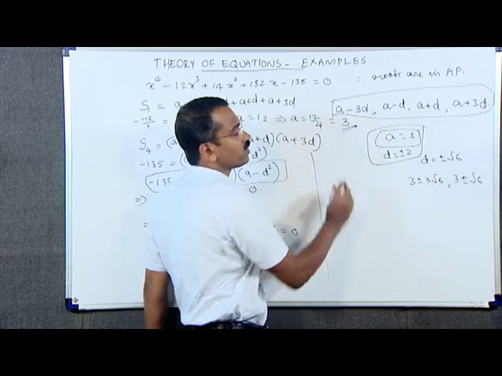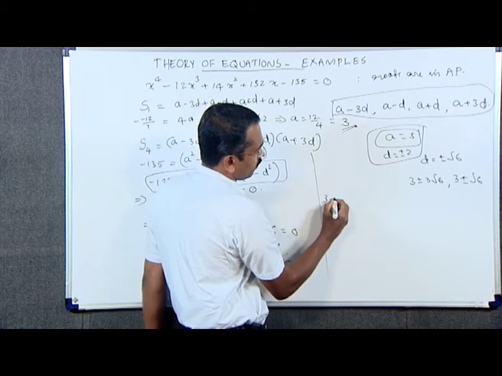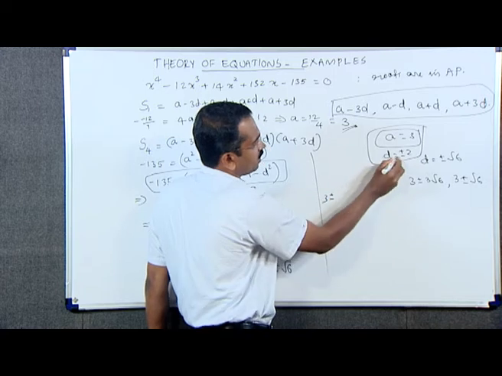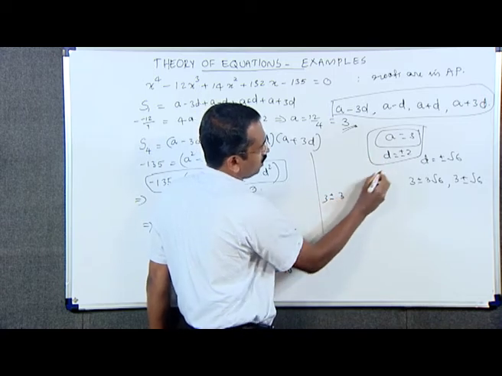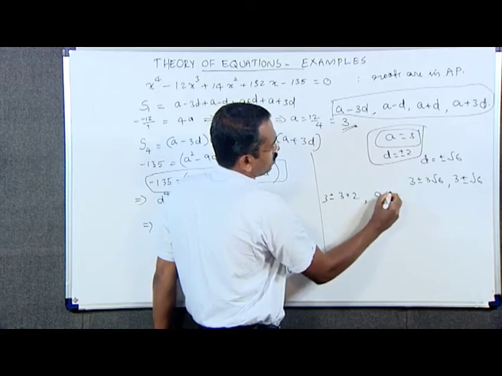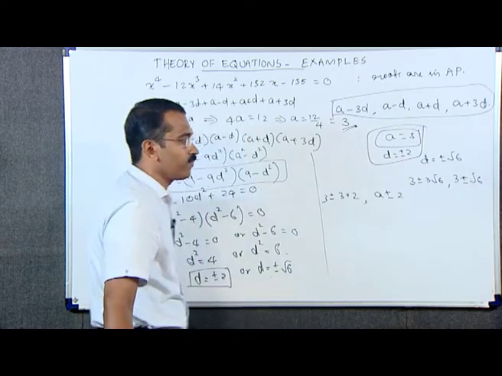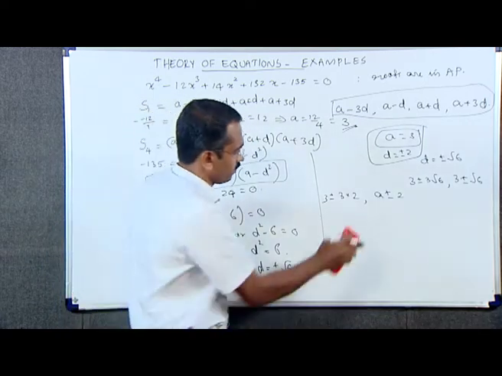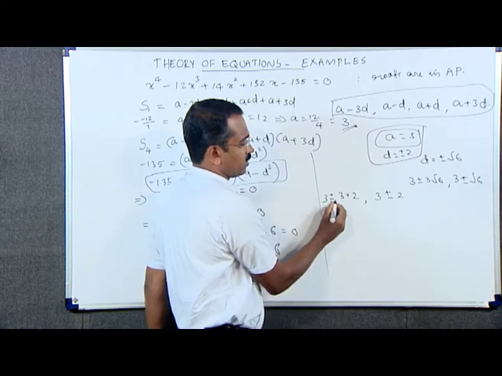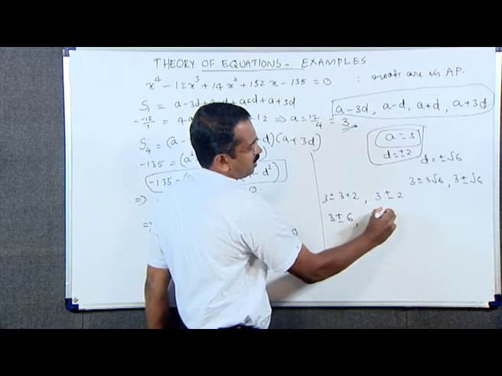Therefore, the required roots can be written as 3 plus or minus 3d, that is 3 into 2, and a plus or minus d, where a is 3. That is 3 plus or minus 6 and 3 plus or minus 2.